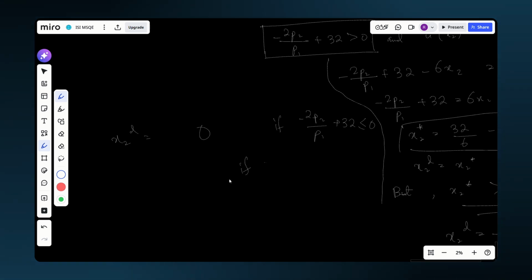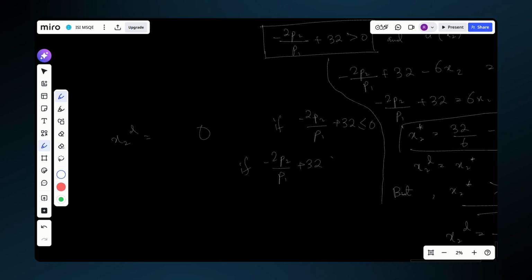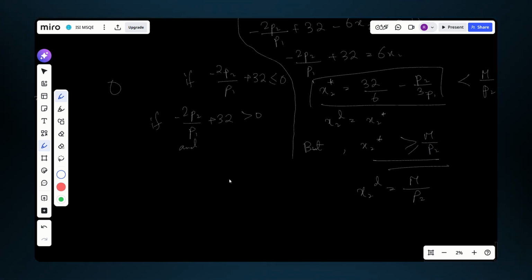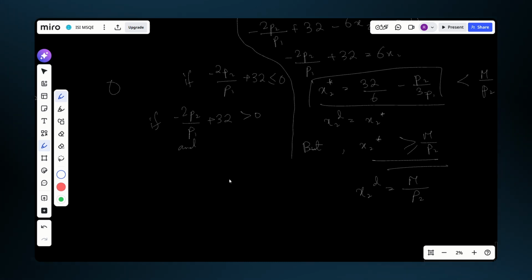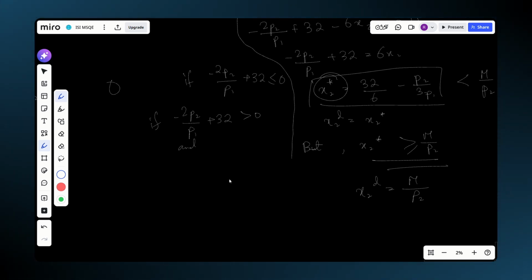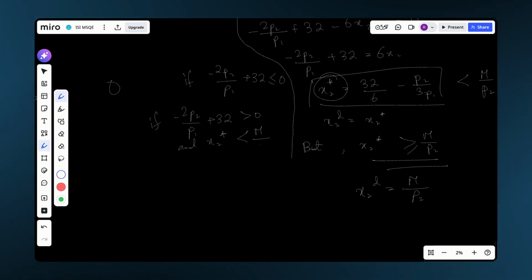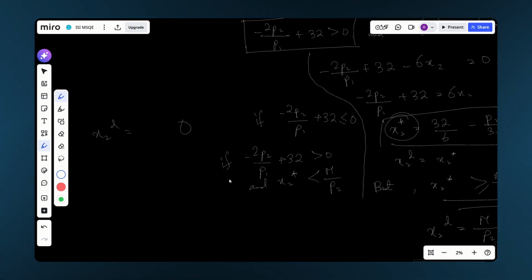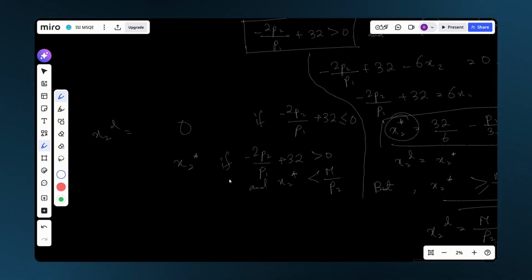If minus 2p2 by p1 plus 32 is strictly greater than 0, and this x2 star, I'm not completely writing what x2 star is, is strictly less than m by p2, then x2d will be equal to x2 star.